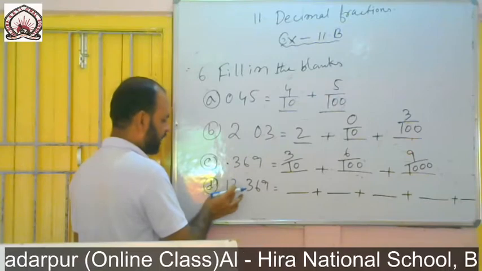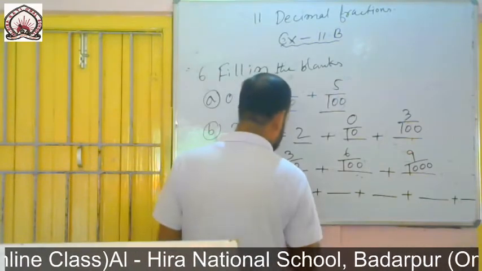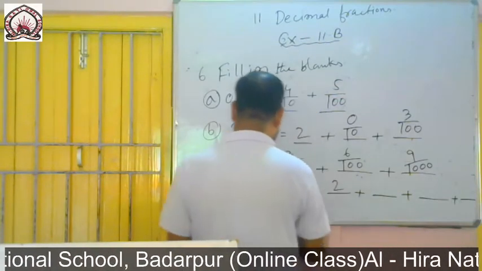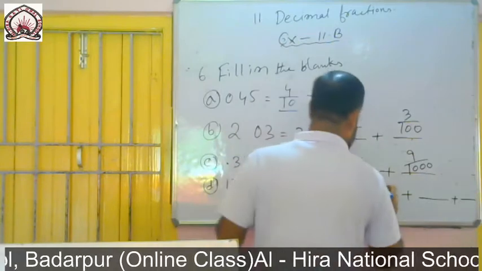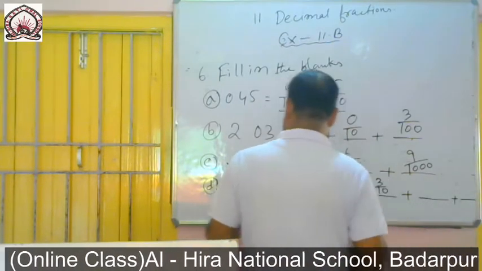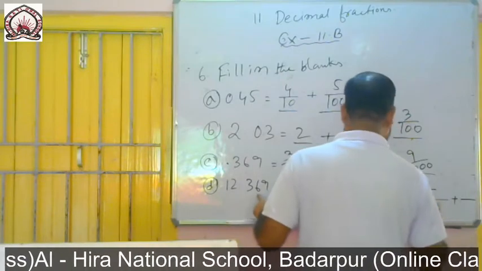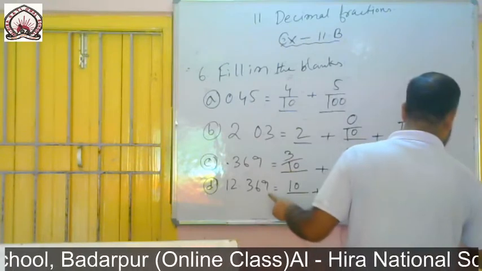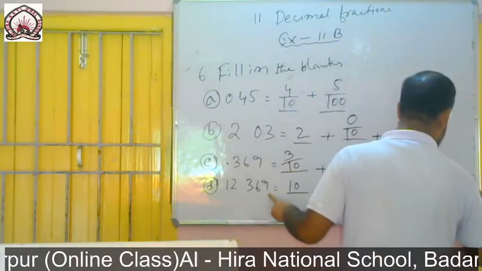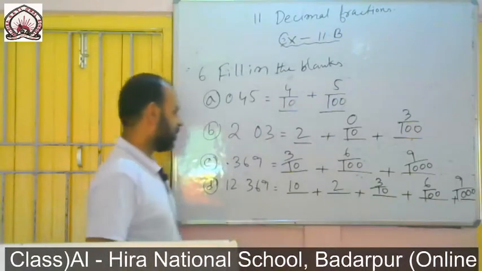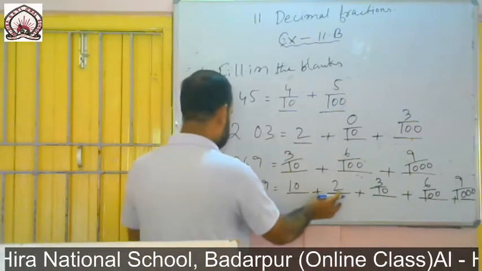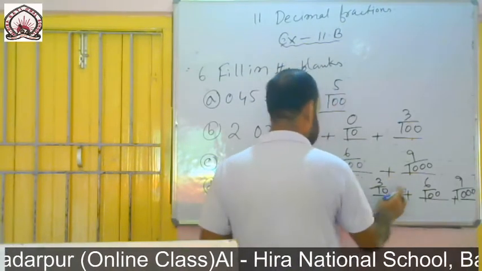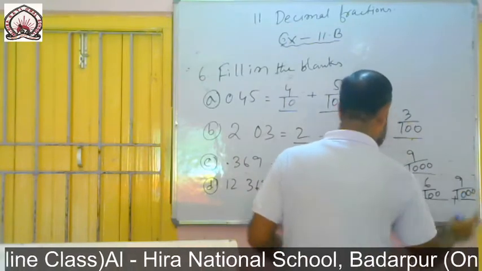This 1 is in the tens place, so 1 ten is 10, and 2 is in the 1s place, so 2 ones is 2, and this 3 is in the tenths place, 3 by 10, and 6 is in the hundredths place, that means 6 by 100, and 9 is in the thousandths place, then 9 by 1000. The place value of 1 is 10, 2 is 2 only, 3 is 3 by 10, 6 is 6 by 100, and 9 is 9 by 1000.